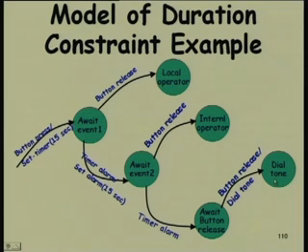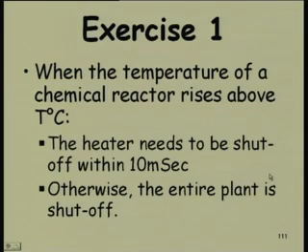Now, let us try to do a few small examples. Let us see if you can do it. Please do it neatly, I will just show it here. So, first example, a simple one. When the temperature of a chemical reactor rises above some threshold T degree centigrade, let us say, then the heater needs to be shut off within 5 millisecond of this event occurring, otherwise the plant is shut off.